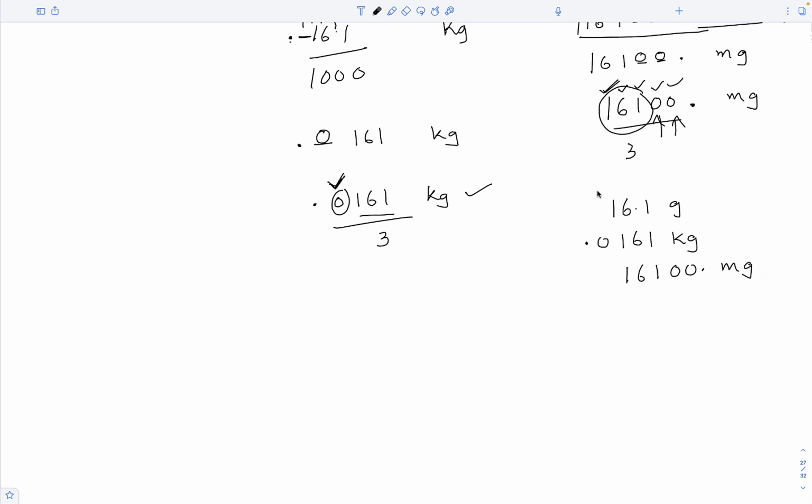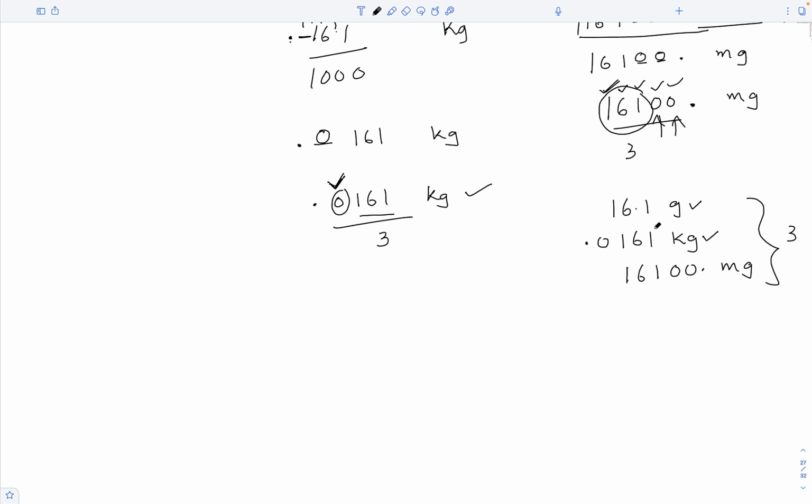That is, these 3 have the same precision. Each of these values has 3 significant figures. So, converting a measurement from one unit to another unit does not change its precision or the significant figures.